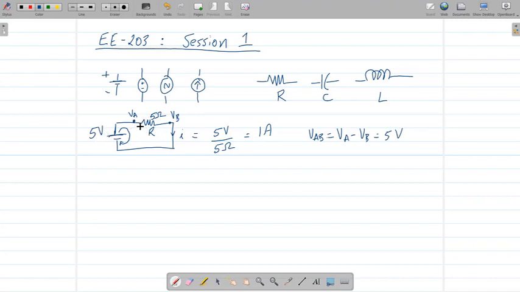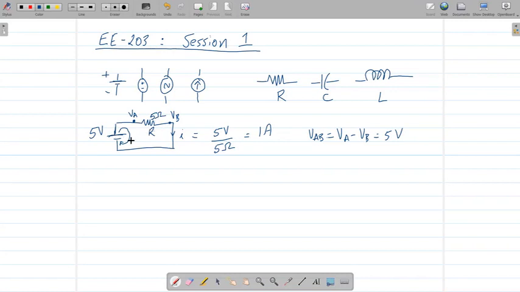This is why you should never have a short circuit across a battery, because if the battery is not able to dissipate energy in the resistor, then the energy that's given out from the positive terminal will directly go into the negative terminal, and the battery will end up getting heated up, and then your battery can explode. So you have to ensure that there is a resistor which takes up this energy of the battery.